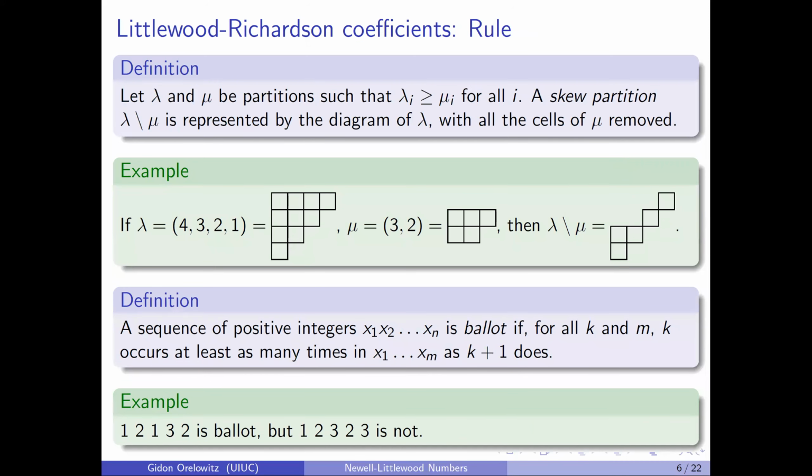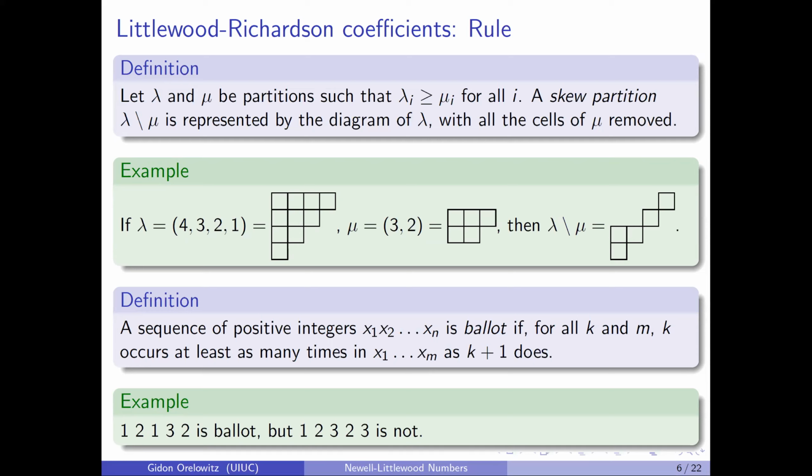Now I'm just going to do a quick detour and mention that these Littlewood-Richardson coefficients are actually very well understood. We know exactly how to count them. There are truly so many different ways to count them involving strange objects, or at least I think they're strange, including honeycombs and crystal lattices and whatever.